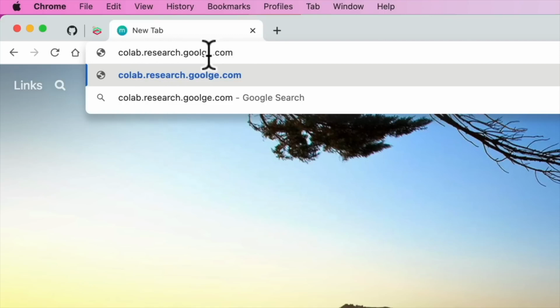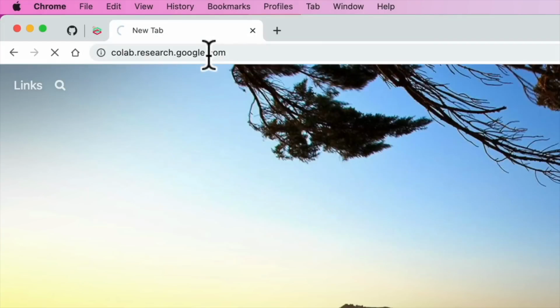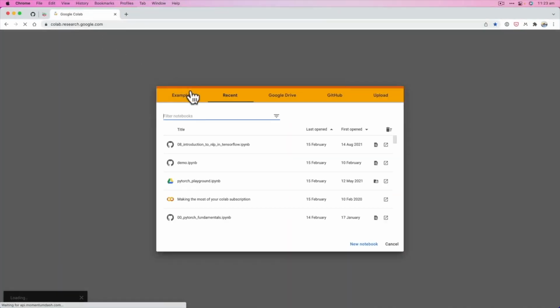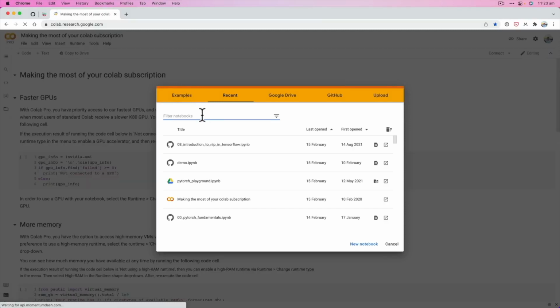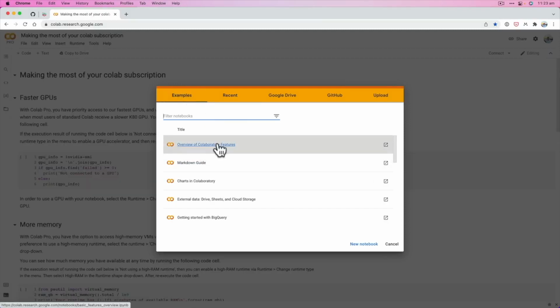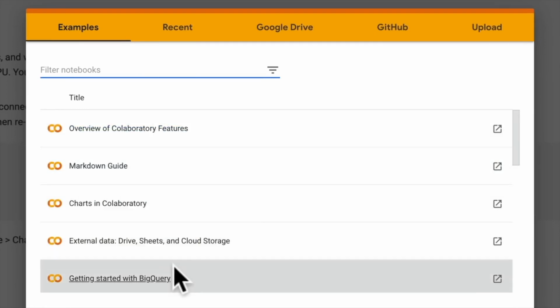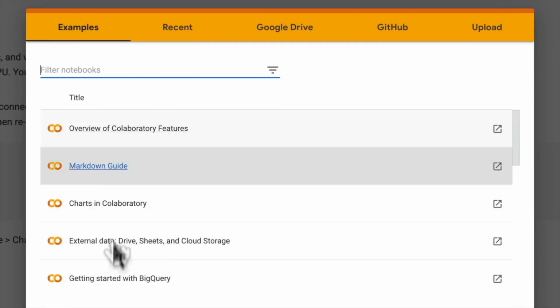colab.research.google. I've got a typo here, classic. You're going to see me do lots of typos throughout this course. colab.research.google.com. This is going to load up Google Colab. Now, you can follow along with what I'm going to do, but if you'd like to find out how to use Google Colab from a top-down perspective, you can go through some of these.